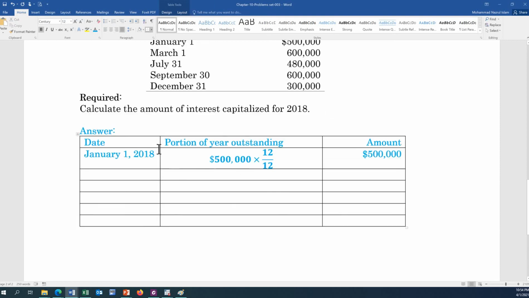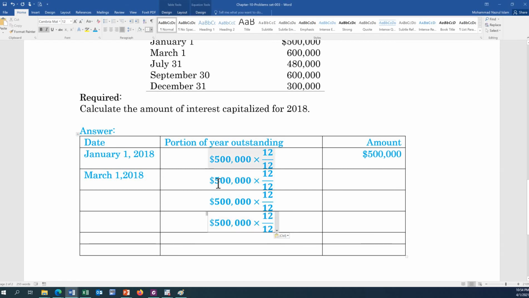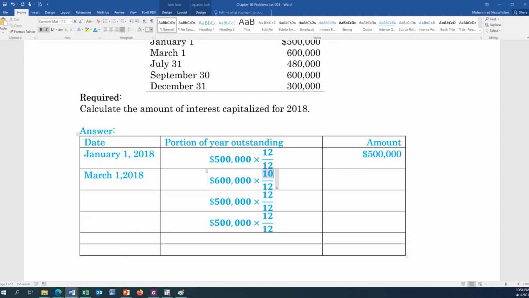And then on March 1, 2018, we started 600,000. Since January and February, 2 months, are gone, it should be 10 over 12, and the amount is going to be 500,000.